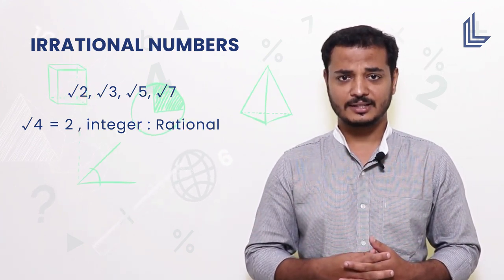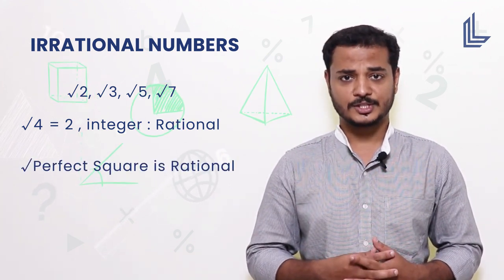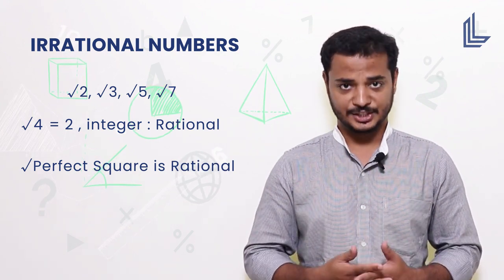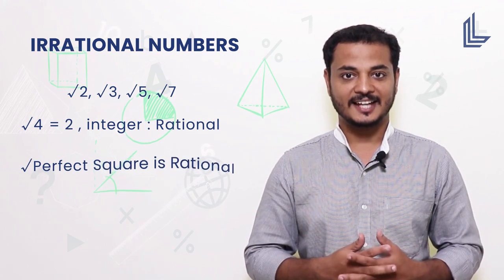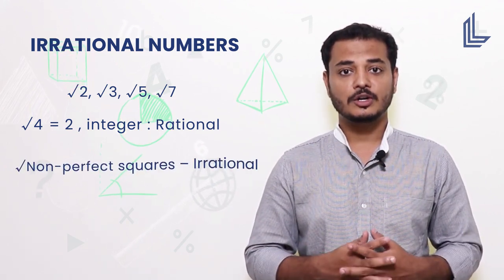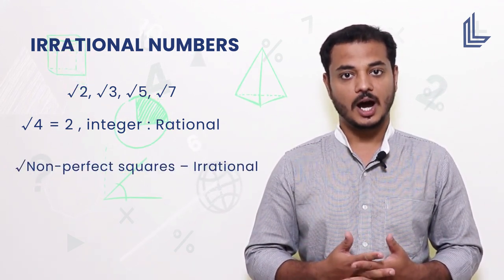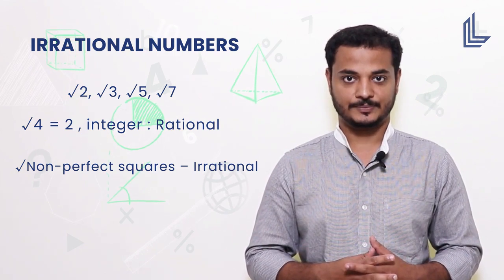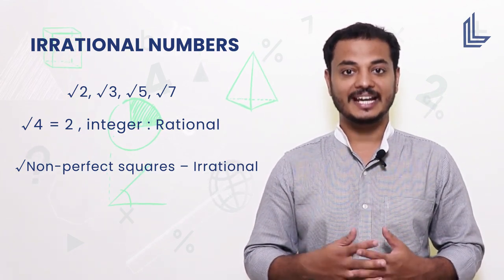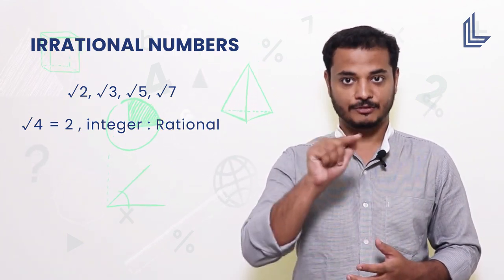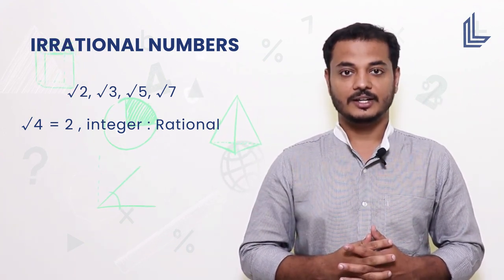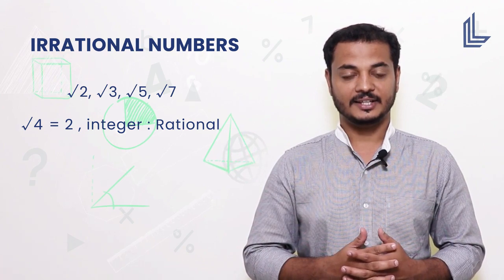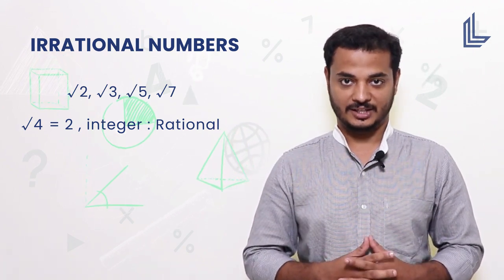It means that square root of all perfect squares are going to be integers and hence rational numbers. In general, we can state that square roots of all non-perfect squares are irrational numbers. So, given any number in the radical form, that is, if the root symbol is there, you can easily identify whether it is a rational or irrational number.